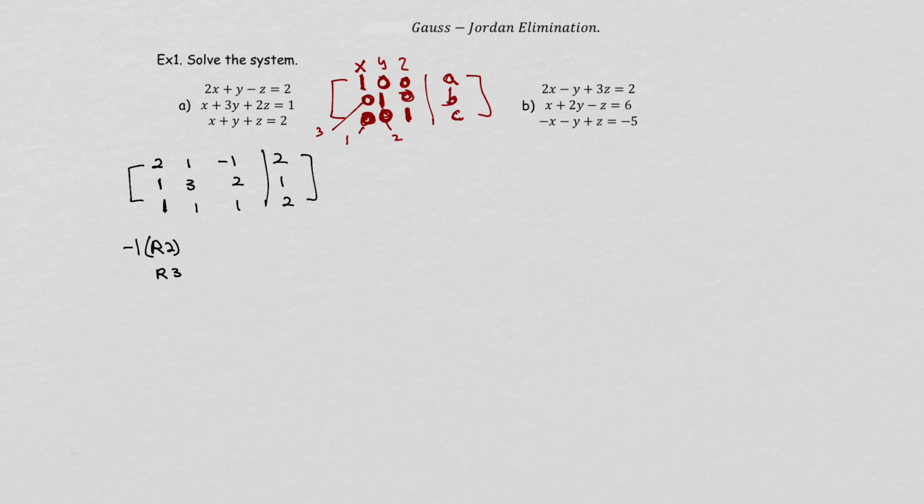So row 2 multiplied by -1 is -1, -3, -2, -1. Row 3 as it is, 1, 1, 1, 2. When you add them up, that will be 0, then -2, -1, and that's +1, right?